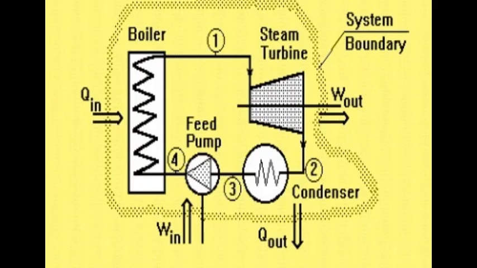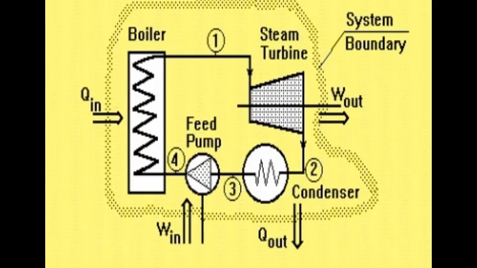After that, the exhaust steam is cooled down and condensed back to water in a condenser, and this condensed water again flows back to the boiler for further generation of steam.